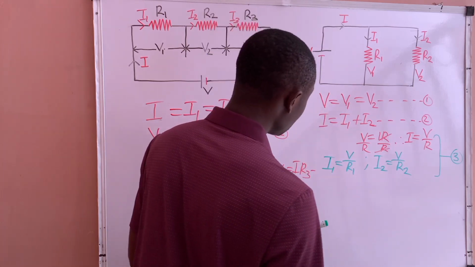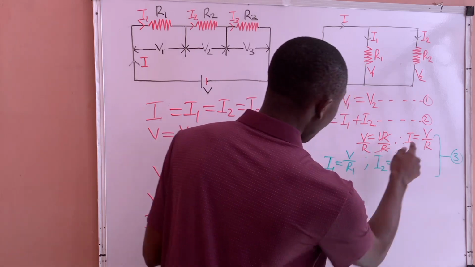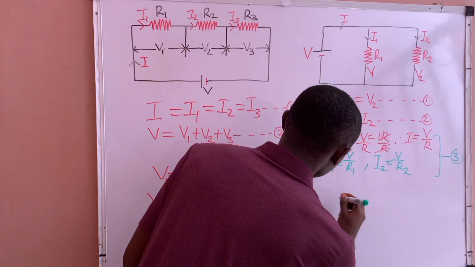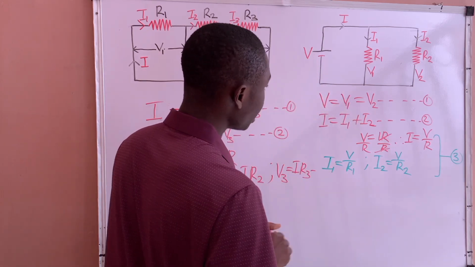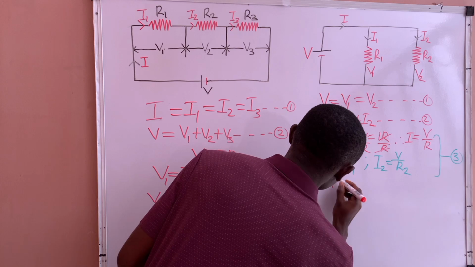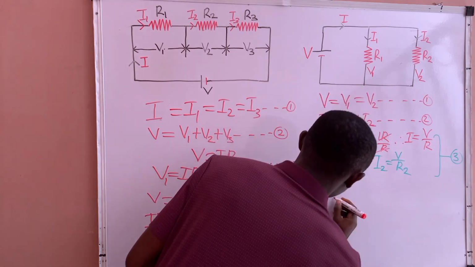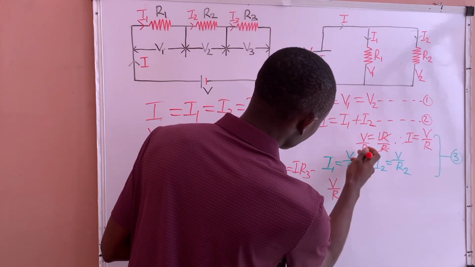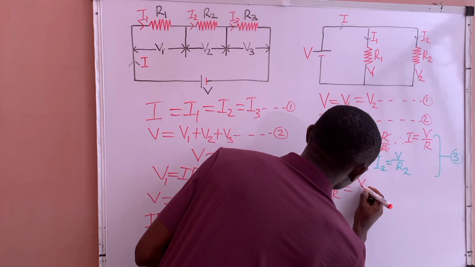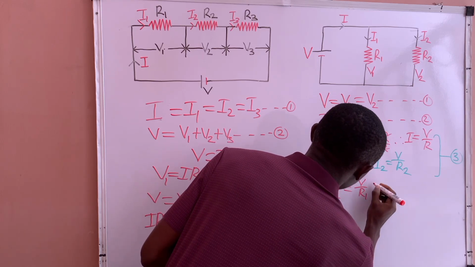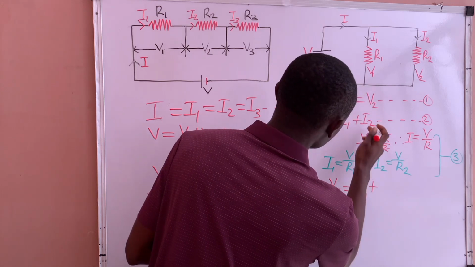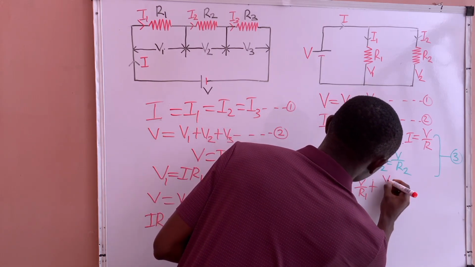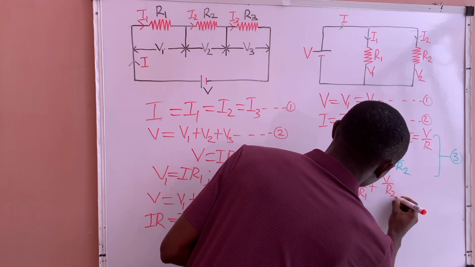So by doing that, we will have that I is equal to V over R. Equal to, for I1, we have that I1 equals V over R1, plus, for I2, V over R2.